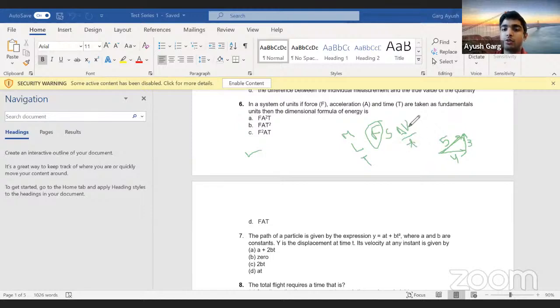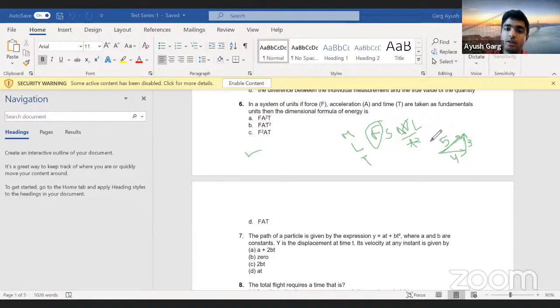As per the units, it is basically L upon T square, correct? We just discussed LT minus 2 is the unit of acceleration. If you look at the basic fundamental units M, L, and T, LT minus 2 is the dimension of acceleration, and L is the dimension of distance or displacement.